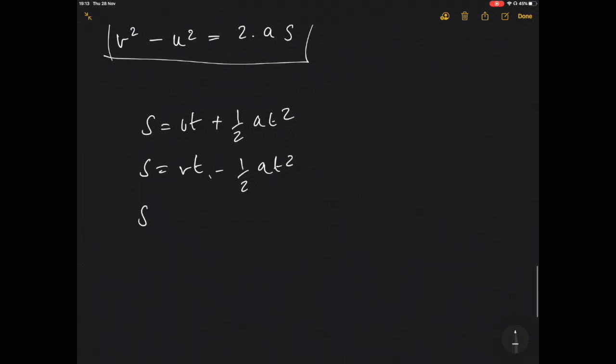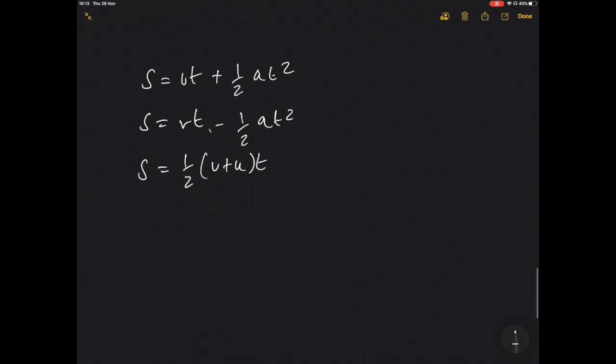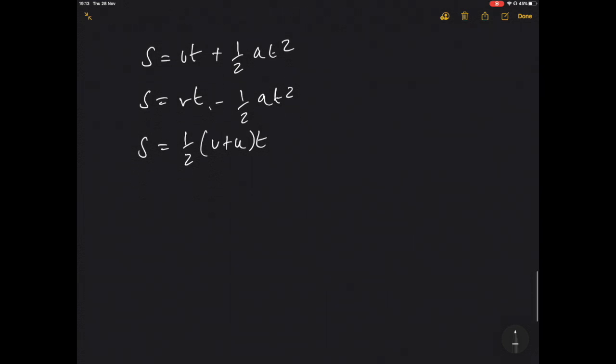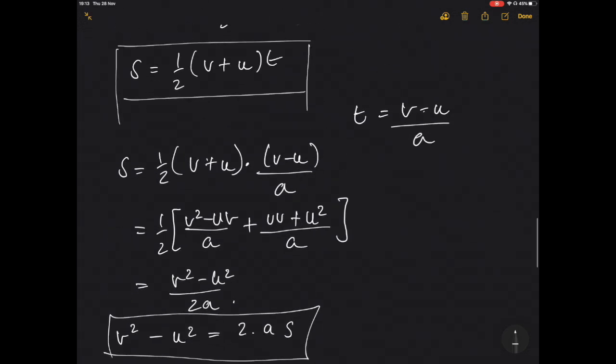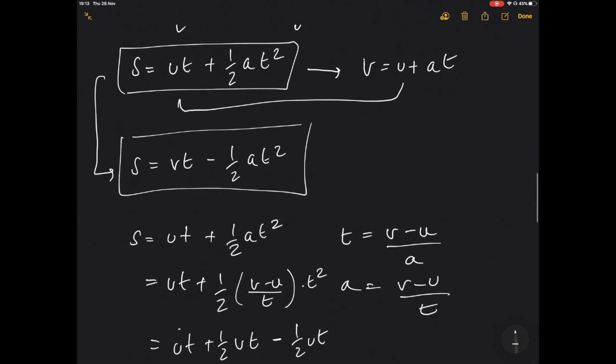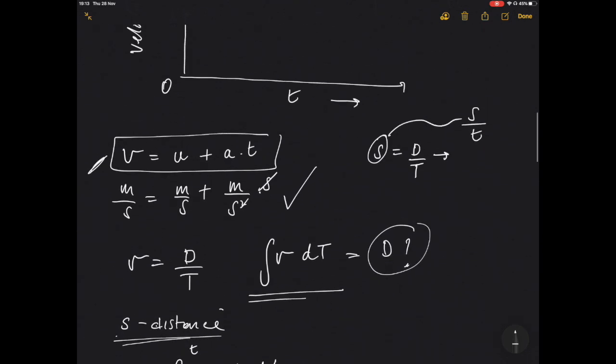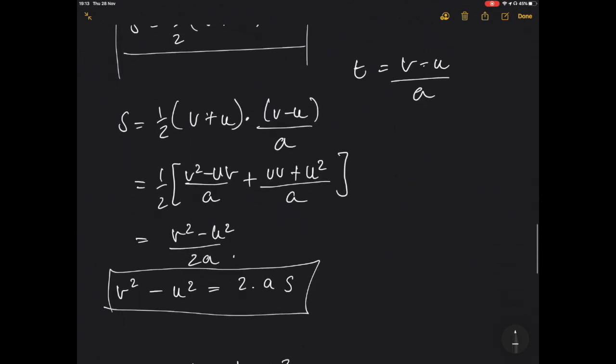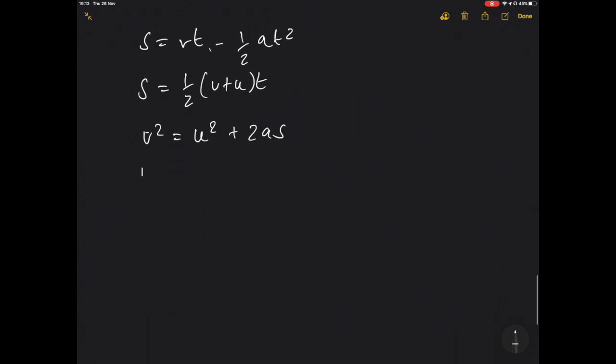We have s equals a half v plus u t, and we have v squared equals u squared plus 2as. Have we got them all here? We have that one. We have 1, 2, 3, 4, and we have our 5, which is v equals u plus at. So v equals u plus at.